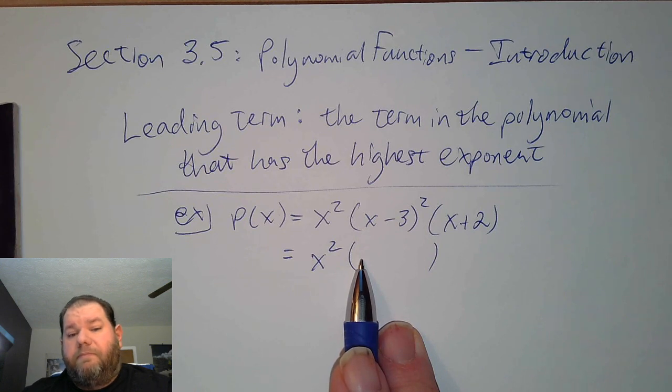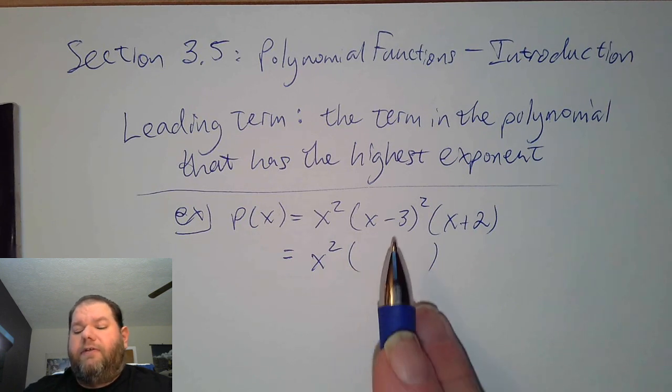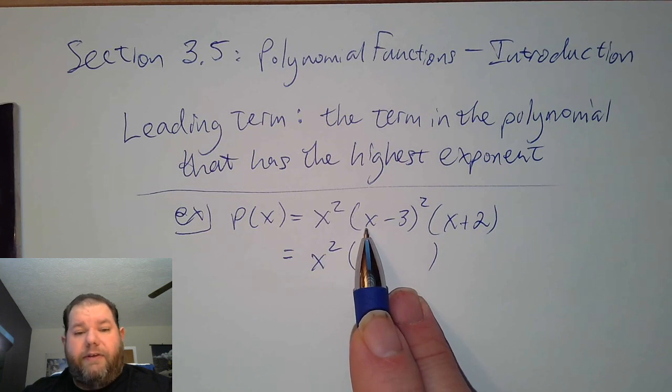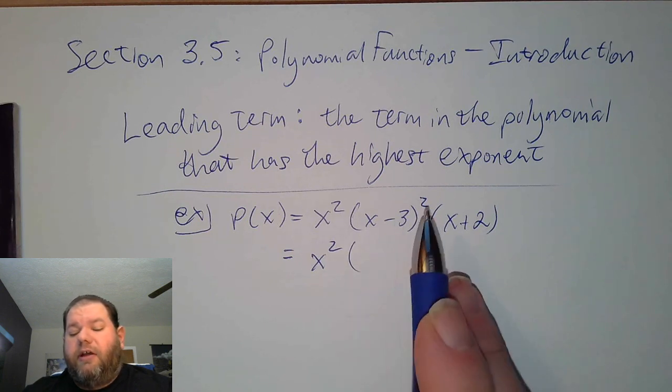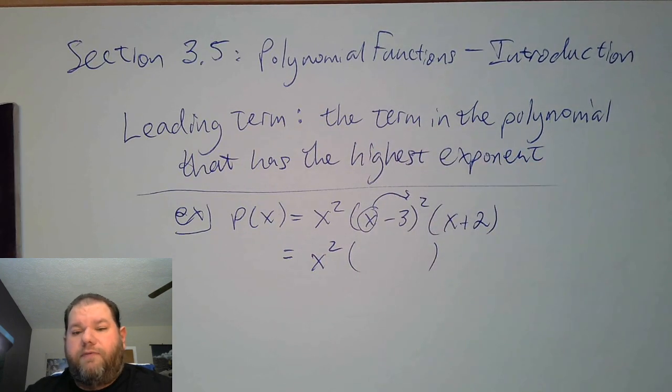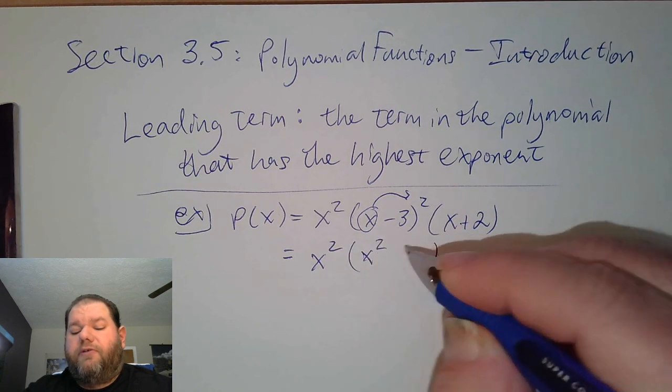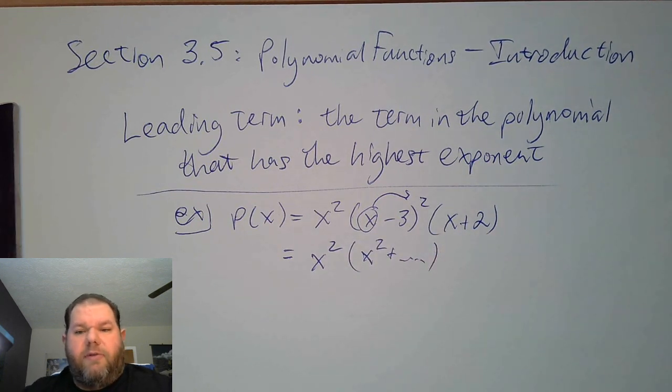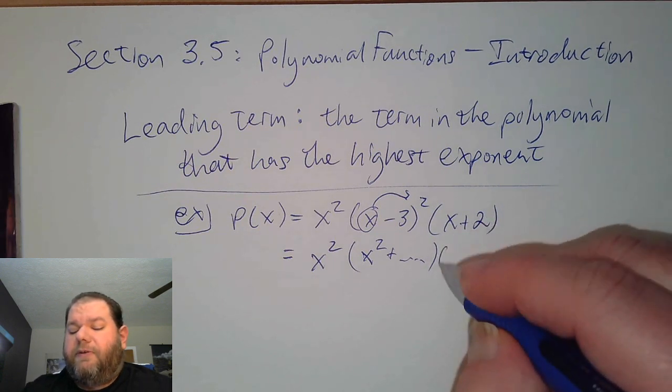Does anyone have that? Well, the easiest way to proceed is to take the first term here, the x in the parentheses, and raise it to that power. Okay? So we take x and raise it to the power of 2. So we know this one's going to start off x squared, and it's going to have some other stuff after it, but we don't really worry about that. Okay? And this is just x plus 2.